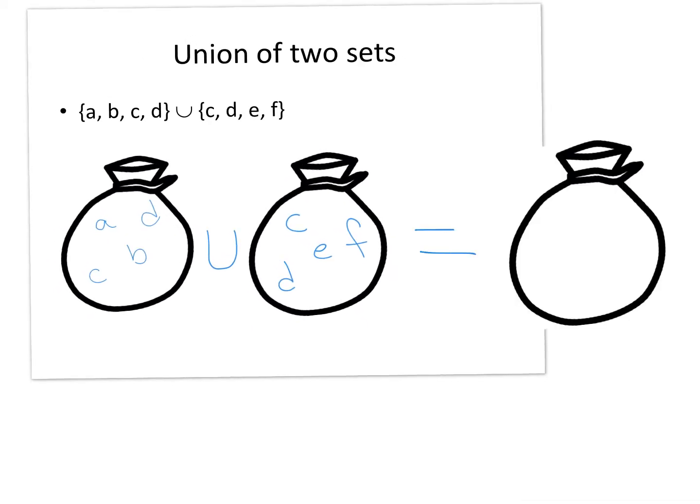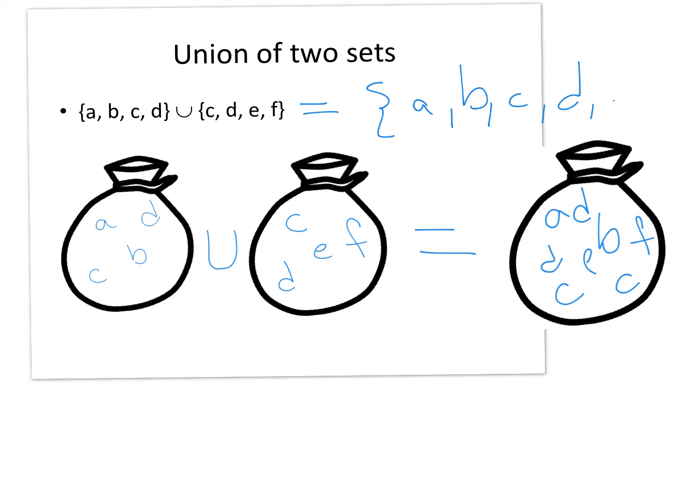In the first bag we have A, B, C, and D, and we can float them around wherever we want. In the second bag we have C, D, E, and F. So the union of my two sets is going to be everything that is in this bag, which turns out to be A, B, C, D, E, and F. Right?